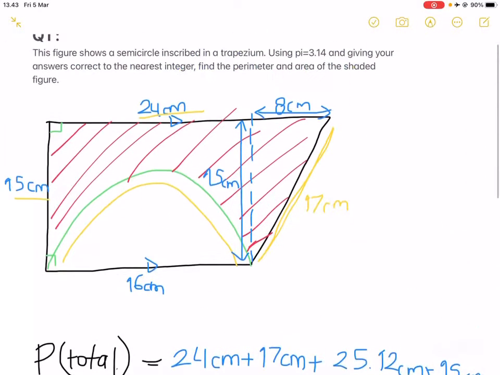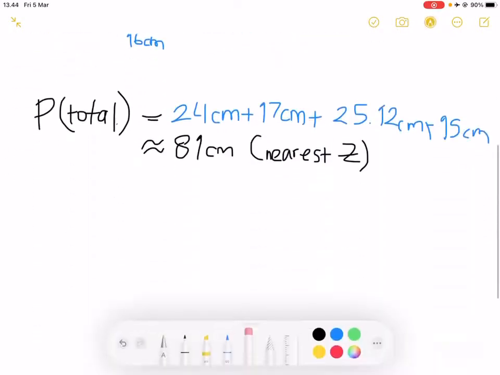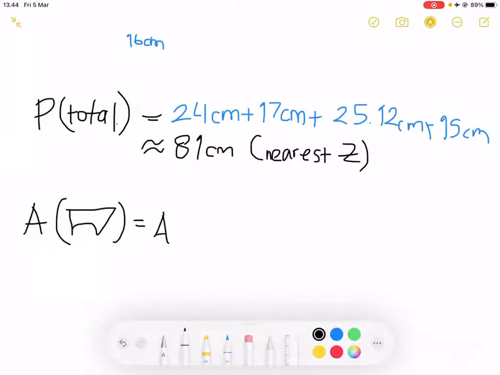Now for the area, notice first that the area of this weird shape right here is actually the area of the trapezium minus the area of the small semicircle.